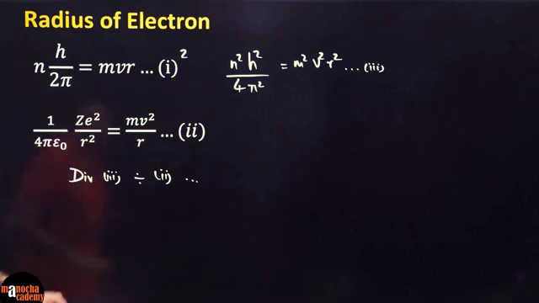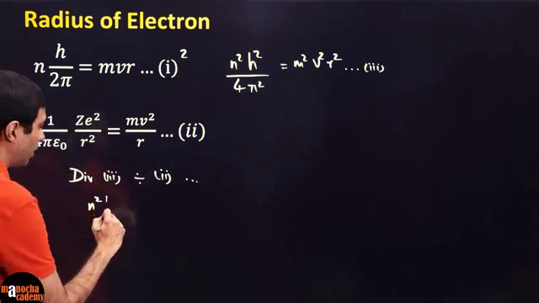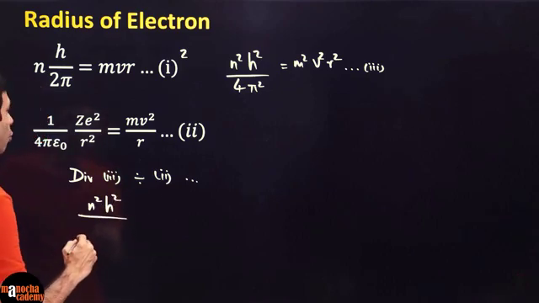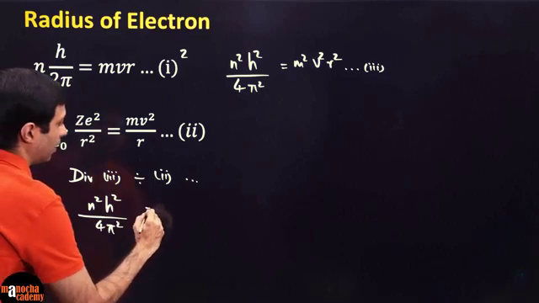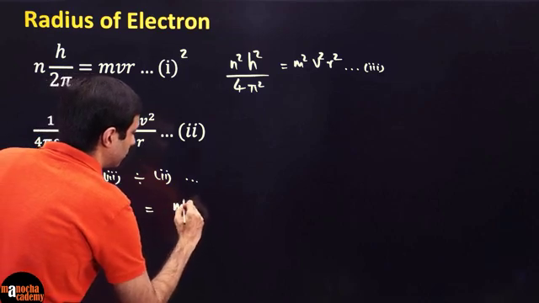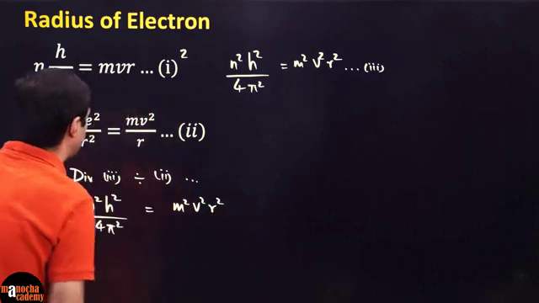So take a look. When we are doing the division, n square h square divided by 4 pi square, and here you have m square v square by r square.